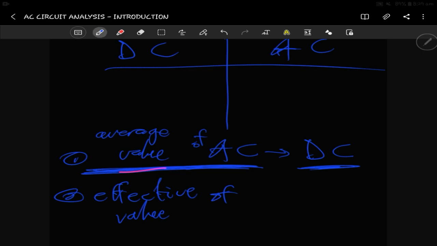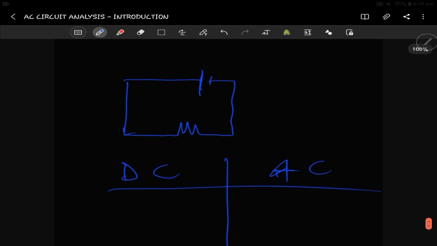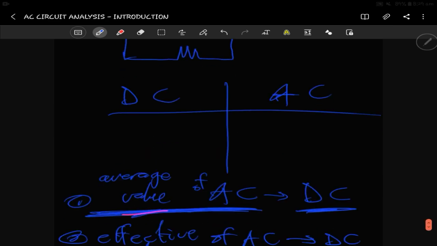That also can give you a DC value, but there's a difference. You can find the average value of the AC and it gives you a DC. But if you pass the original AC through the circuit and you pass the average value you found through the circuit, you won't get the same response. There will be differences in the response you get from the circuit.